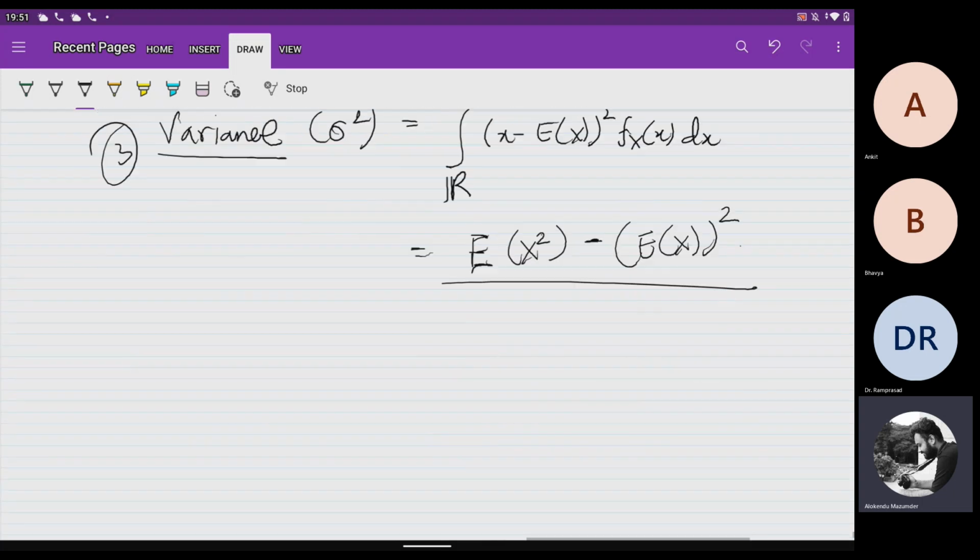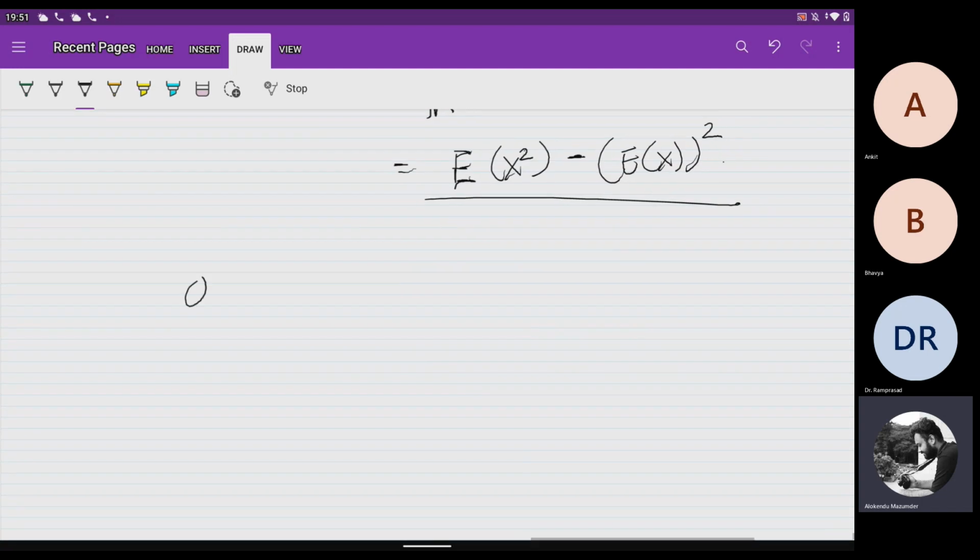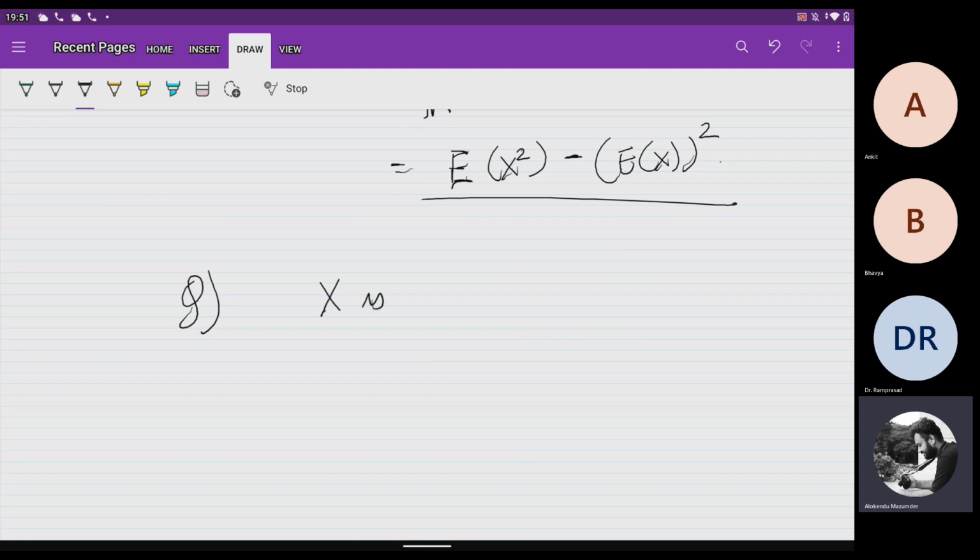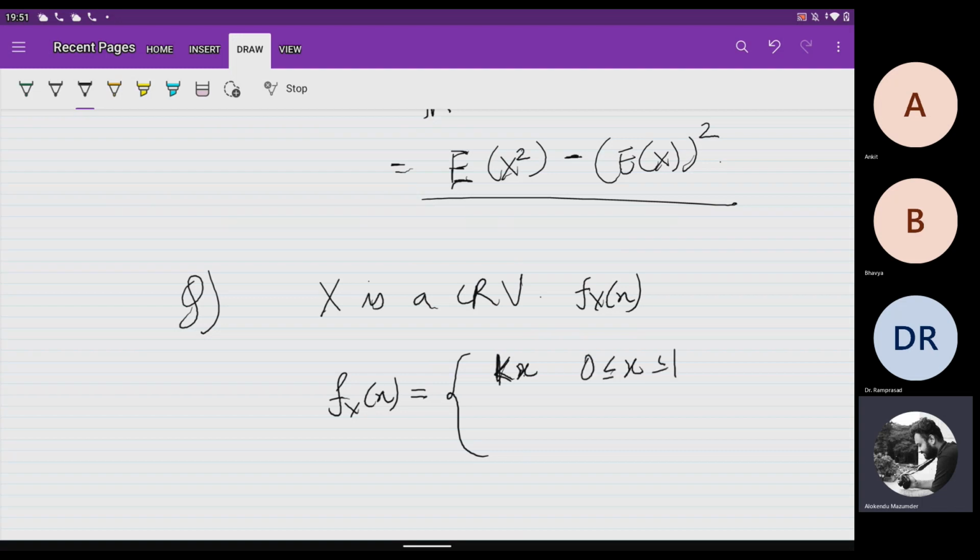Now, let me give you a simple question. X is a continuous random variable with a PDF f(x), and the PDF is given by f(x) equal to kx for x in 0 to 1, and 0 else.